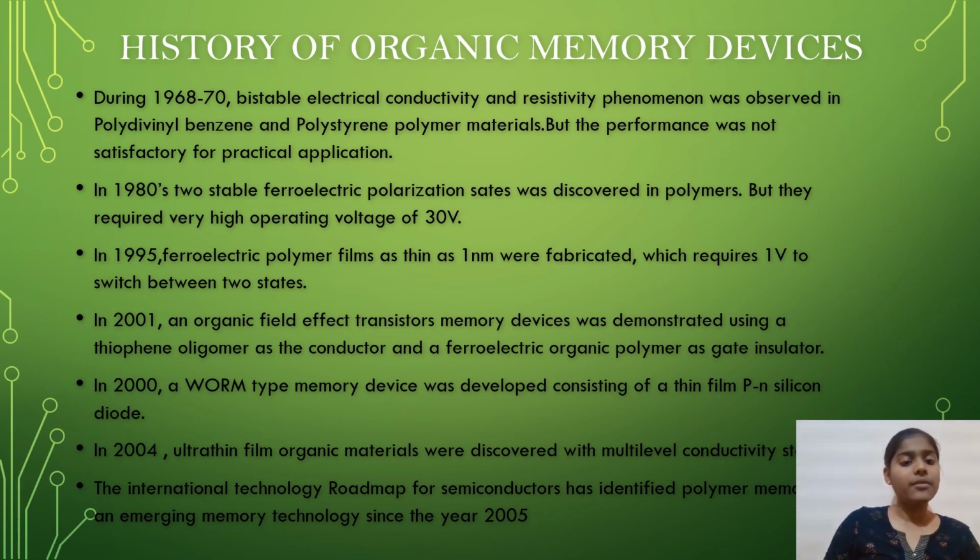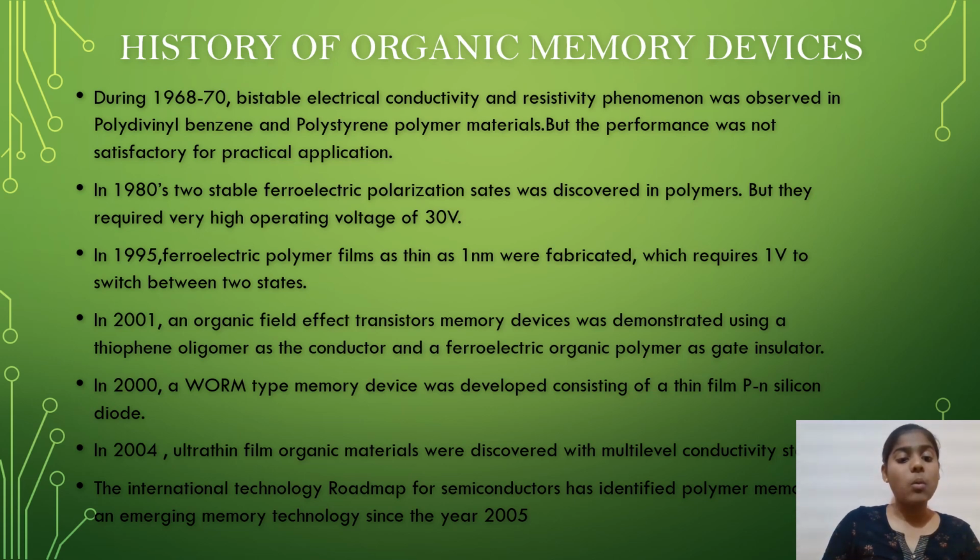In 1995, ferroelectric polymer films as thin as 1 nanometer were fabricated, which required 1 volt to switch between two states. In 2001, an organic field effect transistor memory device was demonstrated using a thiophene oligomer as the conductor and a ferroelectric organic polymer as insulator.